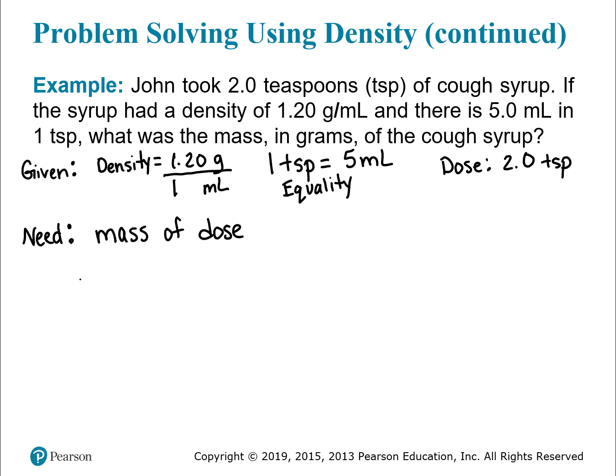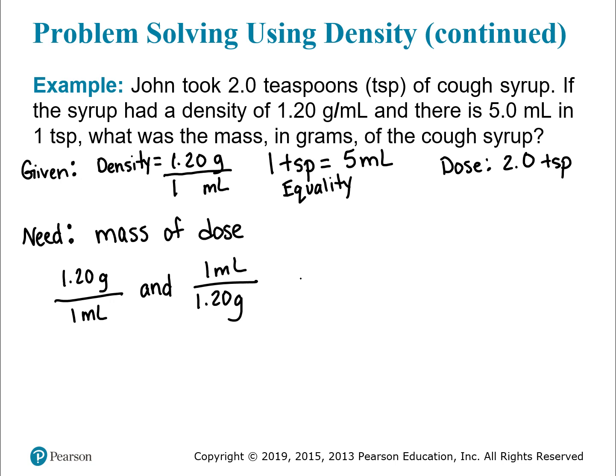So for the density, we already have 1.20 grams for every 1 milliliter. And we can flip that around to put the 1 milliliter on the top and the 1.20 grams on the bottom.